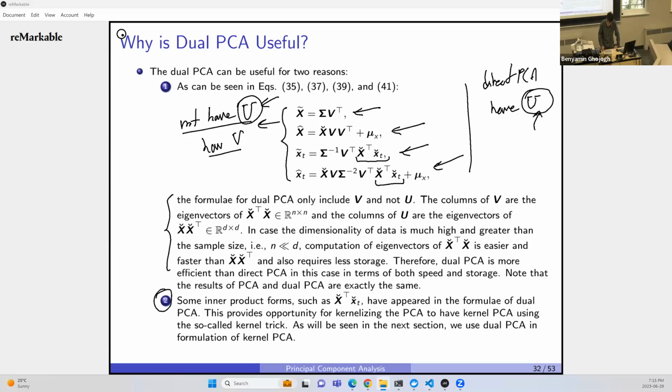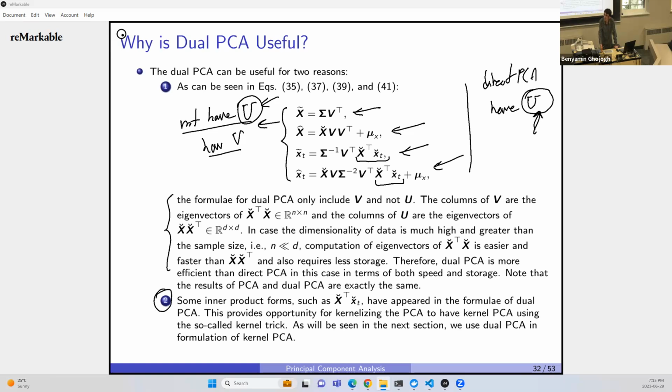You can see it in two ways: either as eigenvectors of the covariance matrix, or as left singular vectors of centered X hat. They are the same. So you can interpret this U in two ways.